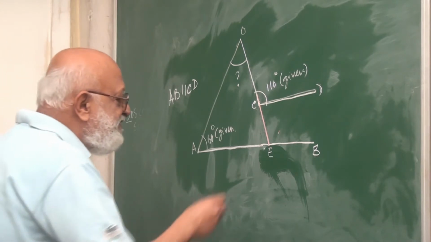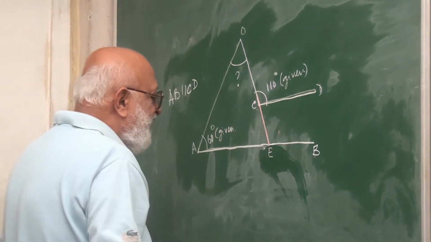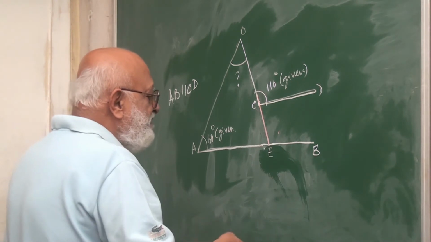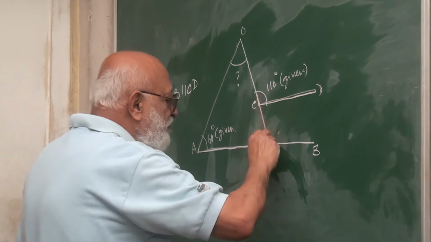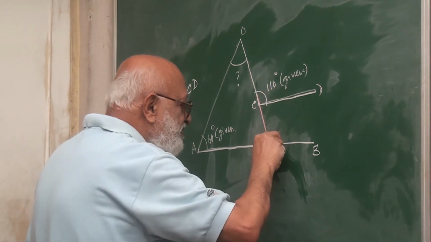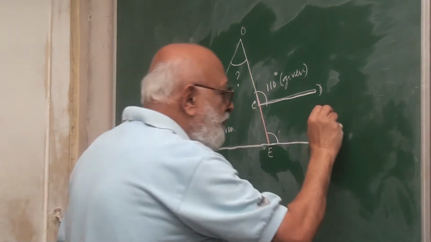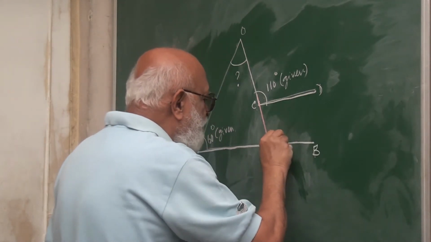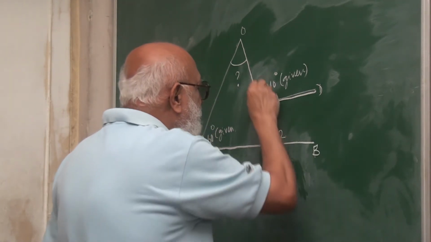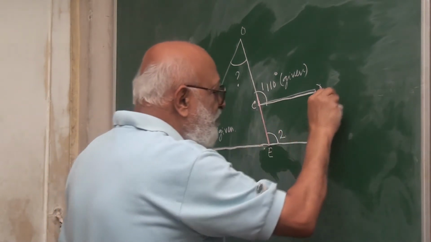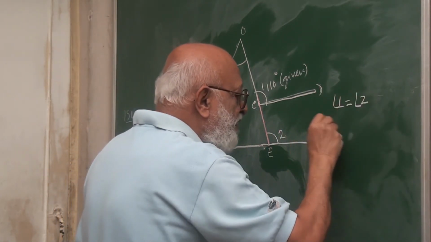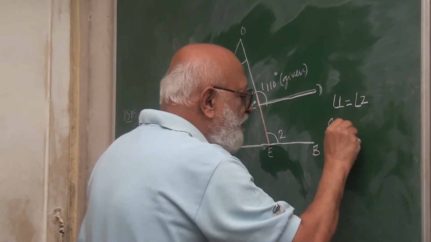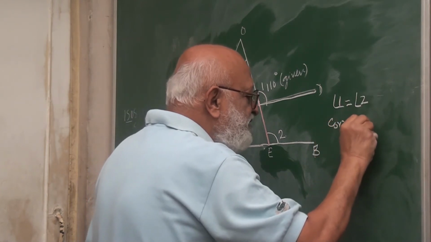Then, since this line and this line are parallel, you can easily find this angle. This will be a corresponding angle. So let me call it 2, and let me call it 1. So angle 1 is equal to angle 2 because they are corresponding angles.